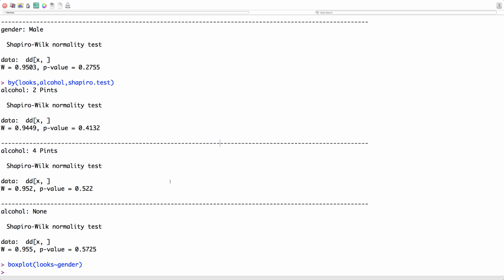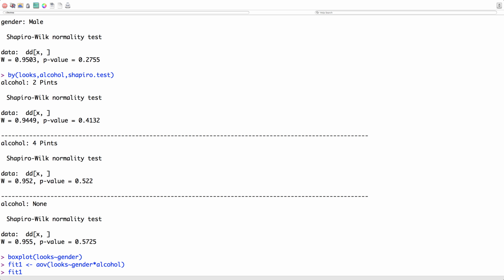So guys, the third thing I want to do is conduct the analysis, and I want to include the interaction effect. So I'm going to call this fit 1 because I may end up getting fit 2, and so on. So I'm going to run AOV, and I want to run looks across gender by alcohol.